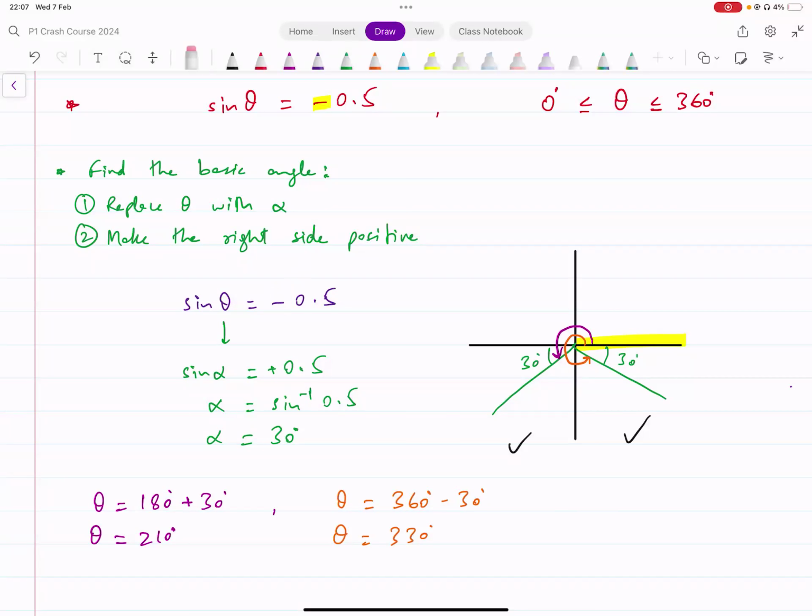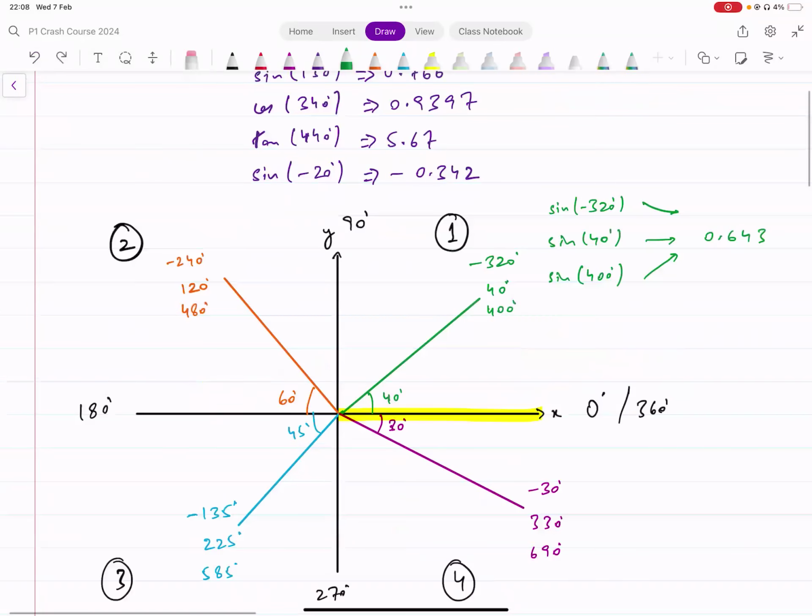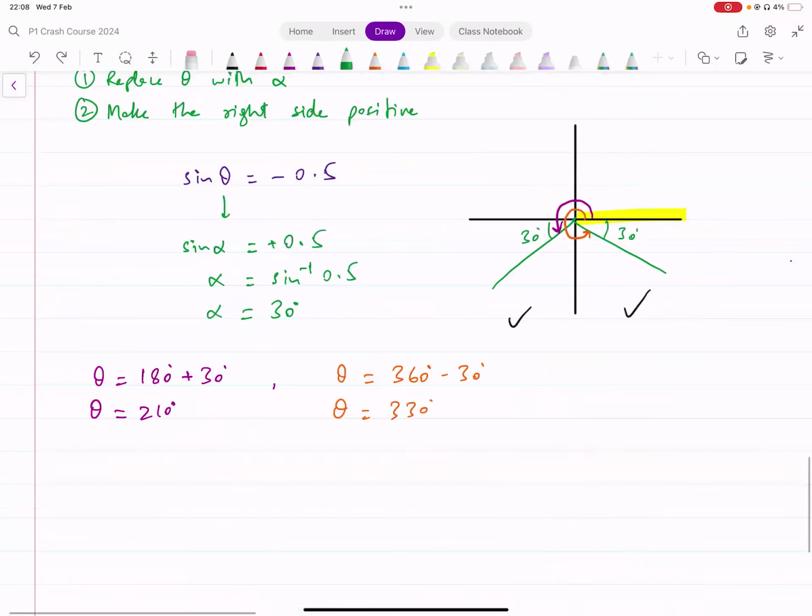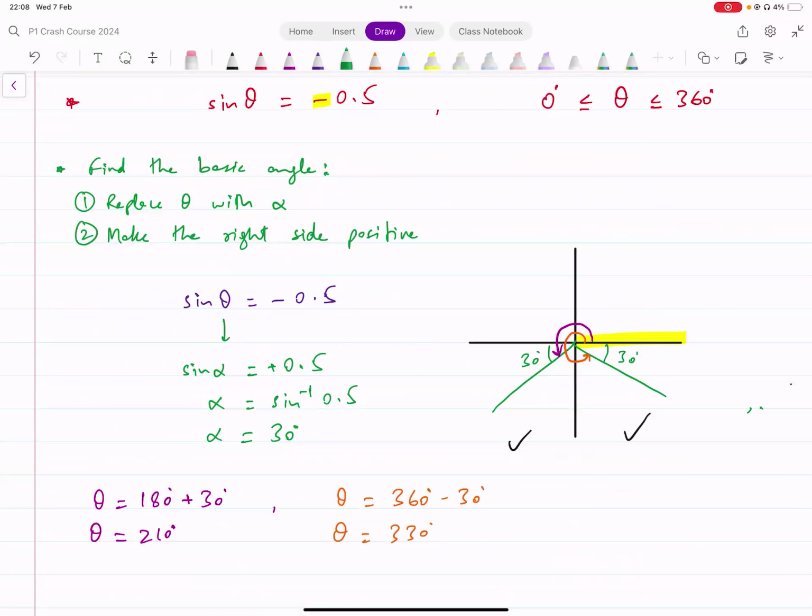We make it positive just to find the basic angle, and that is the reason why we replace theta with alpha, because we are not saying that sine theta equals 0.5. That's not what we're saying. We're not equating sine theta to plus 0.5. This is still minus 0.5. We are introducing another letter there just to not have that confusion, that now sine alpha equals 0.5.